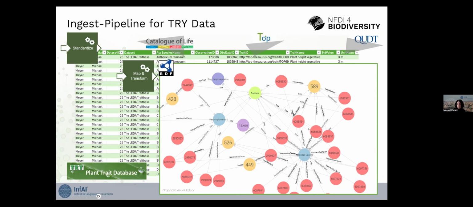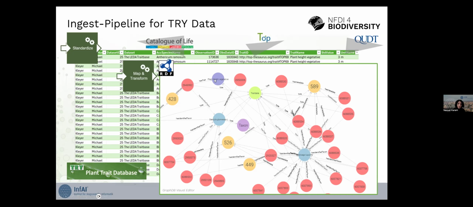And you can see here, for instance, the generated knowledge graph, with the species in blue and the trait data in red, that are connected with has identified taxon. You can see also what traits have been measured.